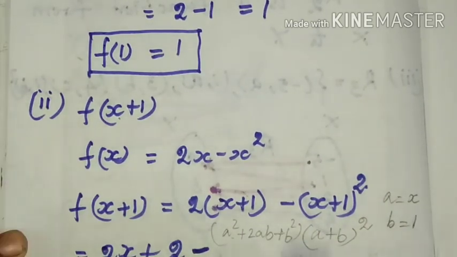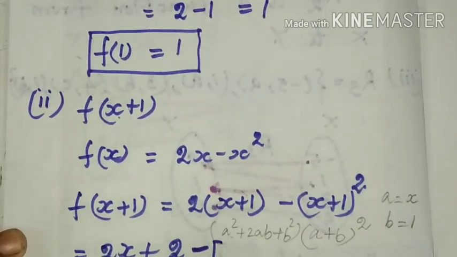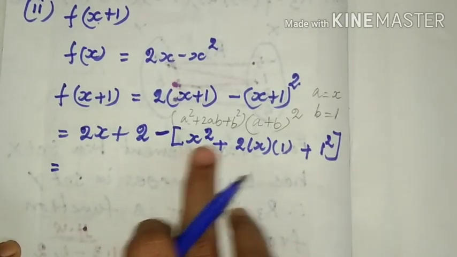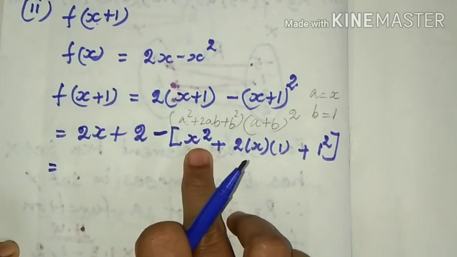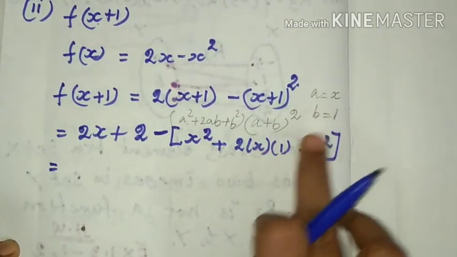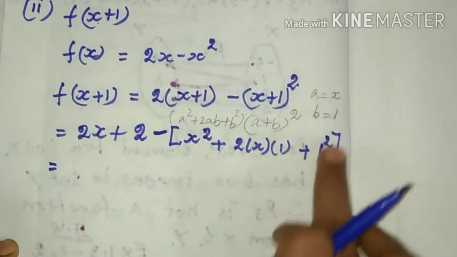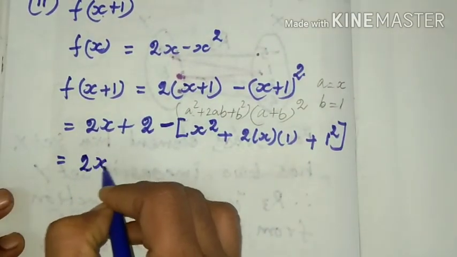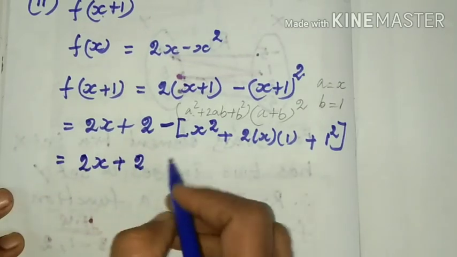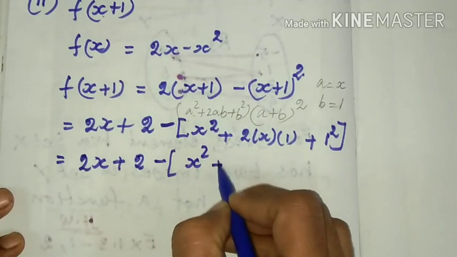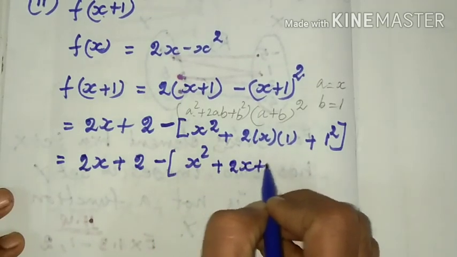So now you apply, you put bracket, a squared, instead of a here x, therefore x squared plus 2ab, 2 into x into 1 plus b squared, 1 squared. Now you simplify, 2x plus 2 minus of x squared plus 2x plus 1.